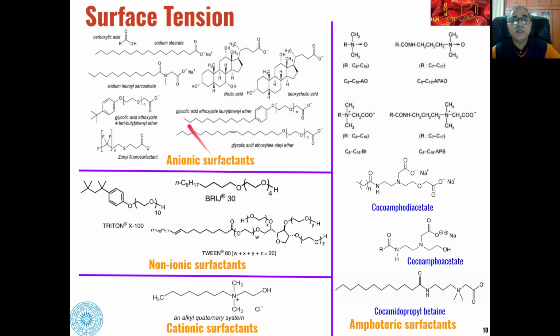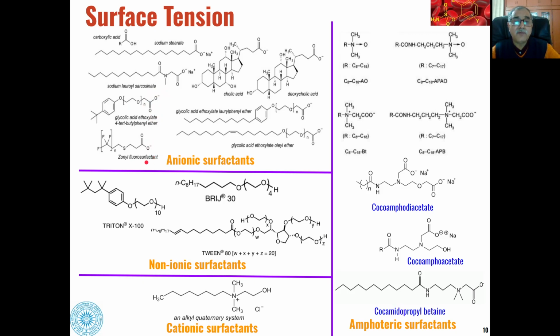Anionic surfactants, as you can see, may be carboxylates, they may be stearates like this sodium salt, that is anionic. Then cholic acid and deoxycholic acid are derivatives of bile acid. Then glycolic acid ethoxylate, so these carboxylates are basically polymeric.